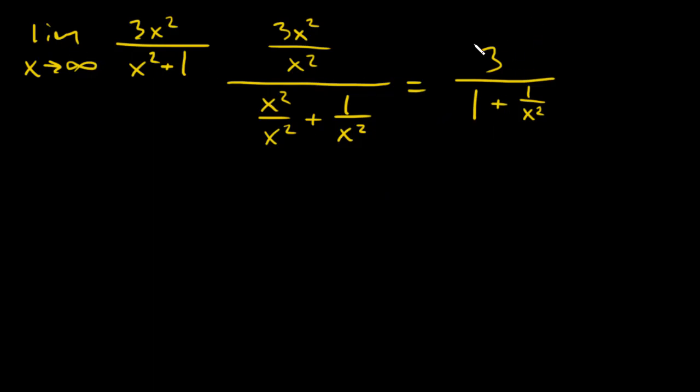Now that I have simplified everything by dividing it by the highest powered variable, I can now take my limit. So I'm looking at the limit as x goes to infinity. What happens to 1 over x squared as x goes to infinity? Well, we already know, I think from a long time ago, that if I have a limit as x goes to infinity of something that is a constant on top and an x on the bottom getting large without bound, the top is a constant.